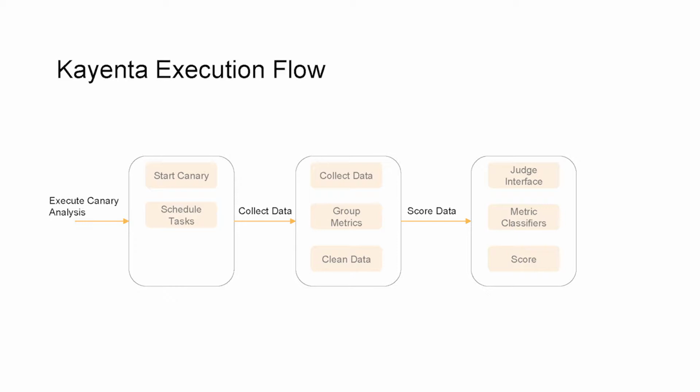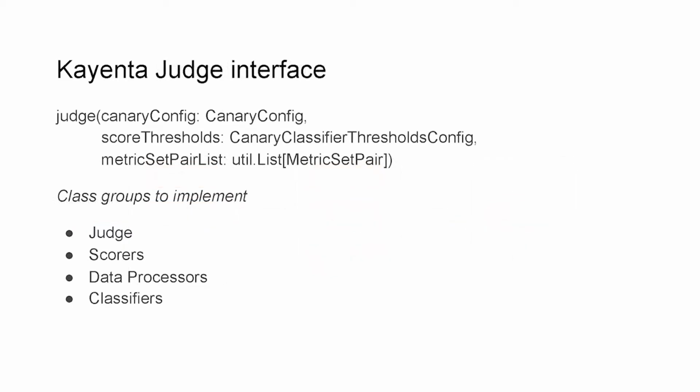Those are all done at that point, and then it's sent to the judge. The judge interface itself is very simple. It takes the metric pairs, essentially the baseline and canary pairs of the data, which are aligned with timestamps, and it expects a result back with the configuration that's passed in. The configuration is per metric.